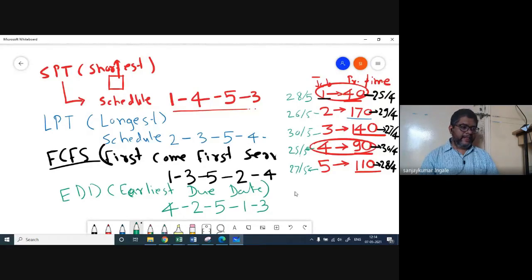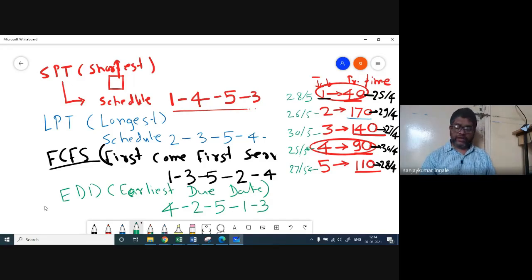If you compare with first come first served, the third job was scheduled second there, but here in earliest due date it is scheduled last. The reason is that if we fail to deliver in time, we may have to pay a penalty.